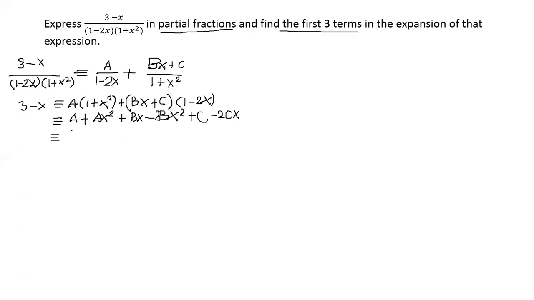Factorize: a x squared and x squared minus 2b x squared, a and c, or this one, bx and negative 2cx.